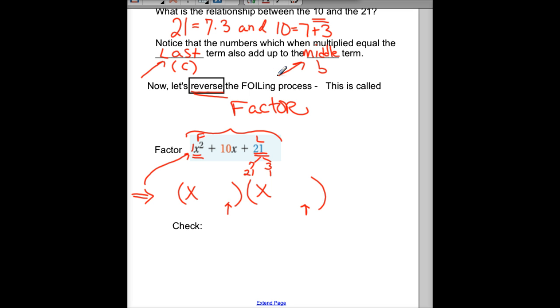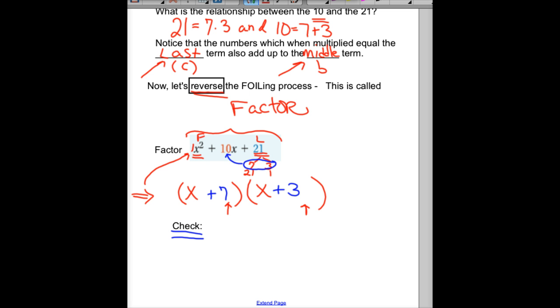So when I talk about what's my winning pair, 7 plus 3 gives me a 10. So I choose a positive 7 and a positive 3. That process is called factoring. It's basically unfoiling. The beauty of it is you'll always know if you factored correctly because you can foil your answer. All right, so I'm going full circle here.